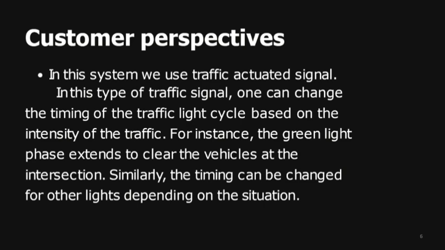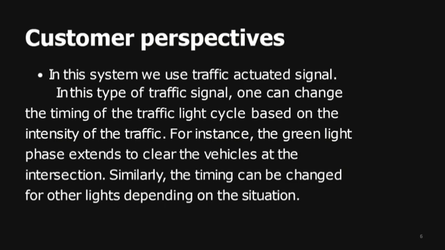Here, we are using a traffic actuated signal, where one can control or change the timing of the traffic light cycle. This cycle depends upon the length of the queue and the intensity of the traffic. For instance, the green light might extend its time to clear the vehicles at the intersection when there is a long queue.